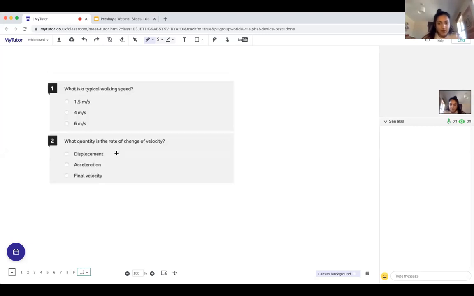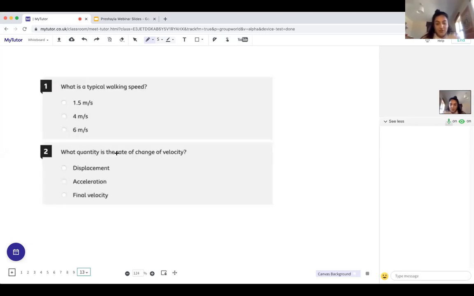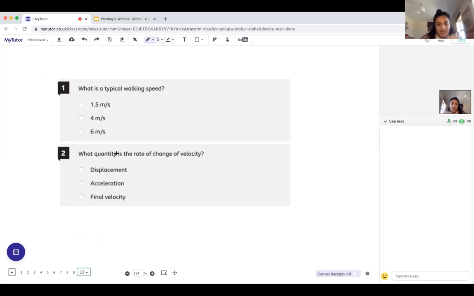Okay, so I've got a few quick fire questions for you, just to consolidate what we've learned today. If you could put your answers in the chat, please, for these two questions. What is a typical walking speed, and what quantity is the rate of change of velocity? By rate of change, we just mean divided by time. Okay, for the first one, we said 1.5 meters per second, not very fast.